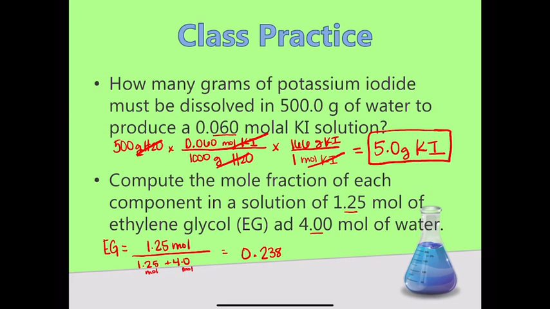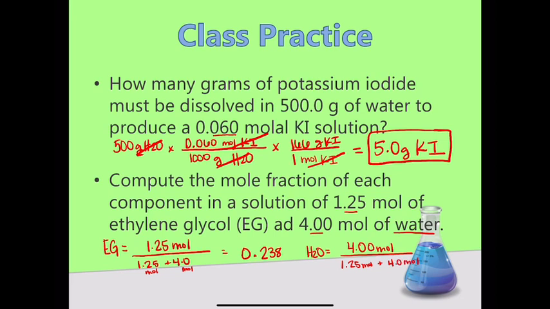Now there's no units on this because it's just a fraction or a ratio. There's no units here. So let's do the next part, which is our water. So we have the water part on top this time. So it's 4.0 moles over the total, 1.25 moles plus 4 moles.